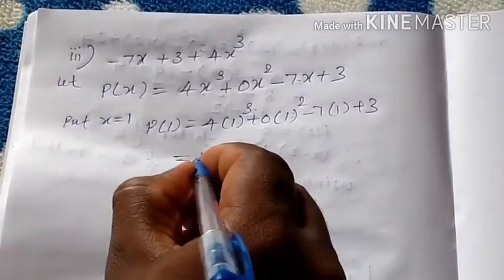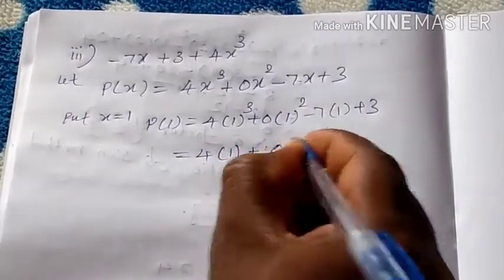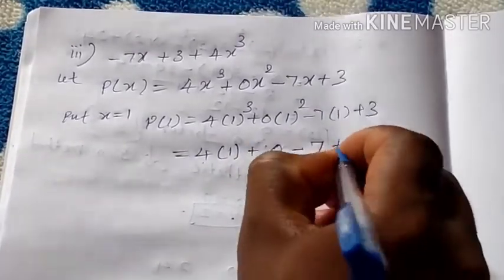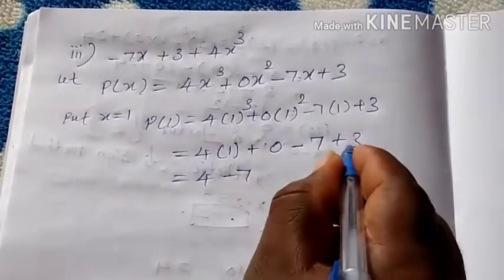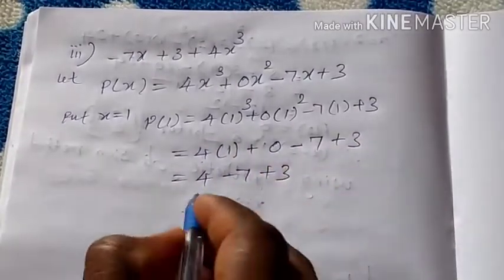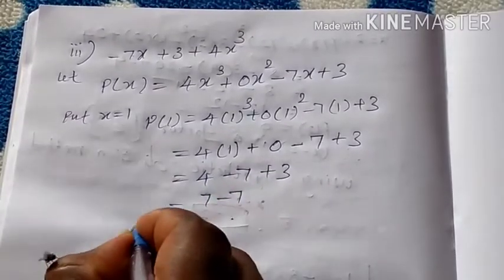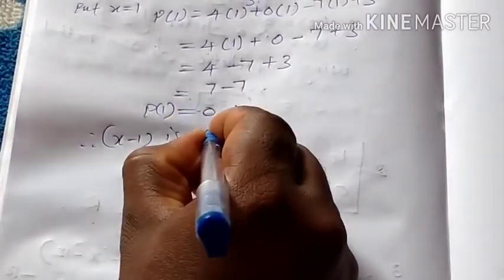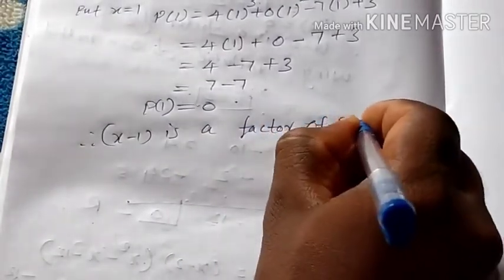That is 4 into 1, plus 0, minus 7, plus 3. 4 plus 3 is 7, and 7 minus 7 is 0. So p of 1 is 0, therefore x minus 1 is a factor of p of x.